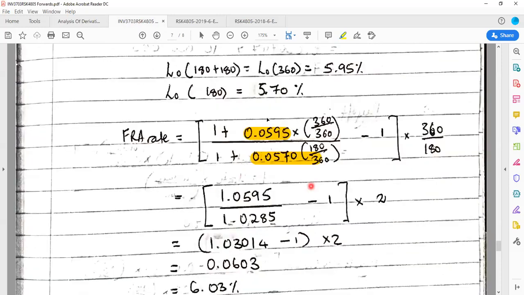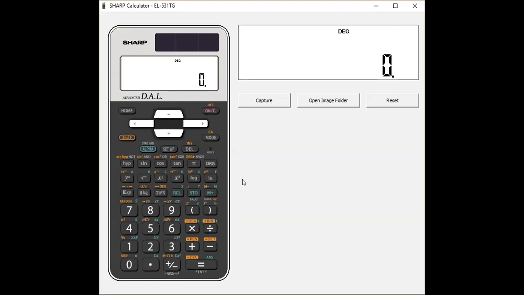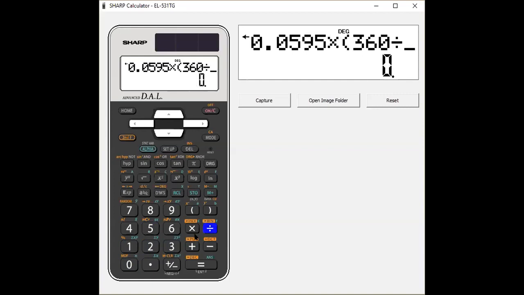I hope you were able to do this calculation. I think it's better if you do it bit by bit. You just enter it into your calculator. Maybe I should just put that up. For example, for the first part of the calculation, you say 1 plus 0.0595 multiplied by open bracket 360 divided by 360 close bracket.